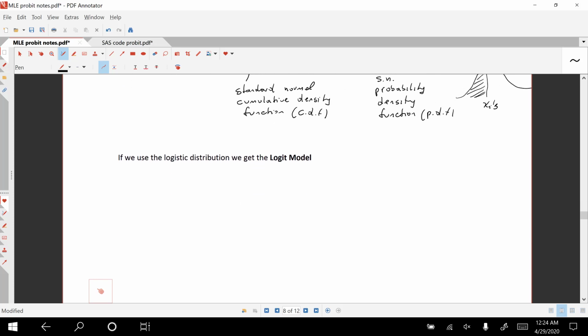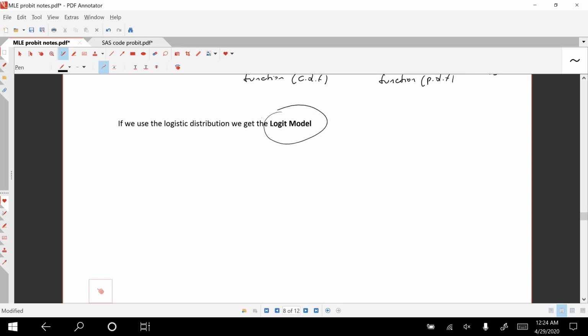We could also use the logistic distribution for pi, and then we get what's called the logit model. So that's xi prime beta divided by 1 minus xi prime beta.